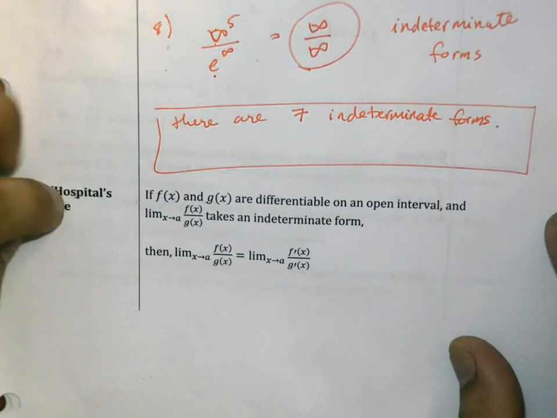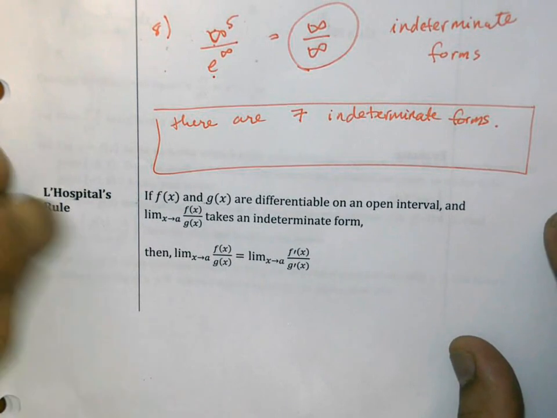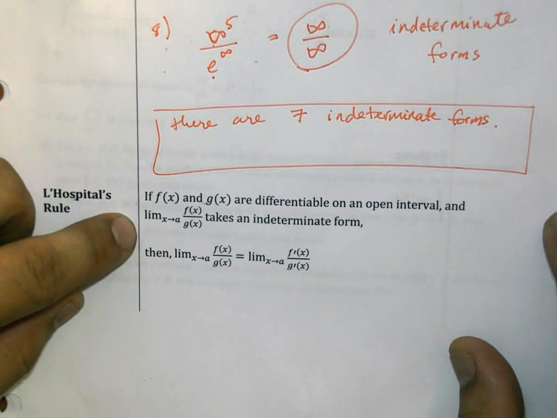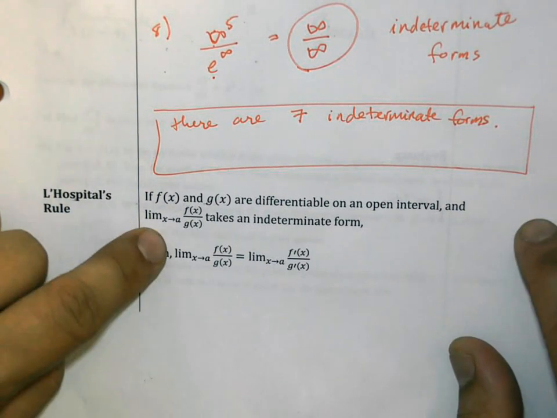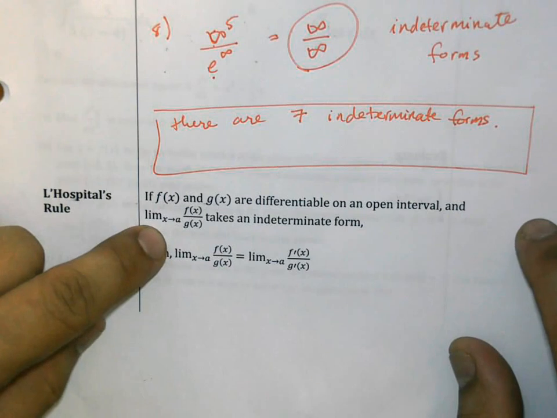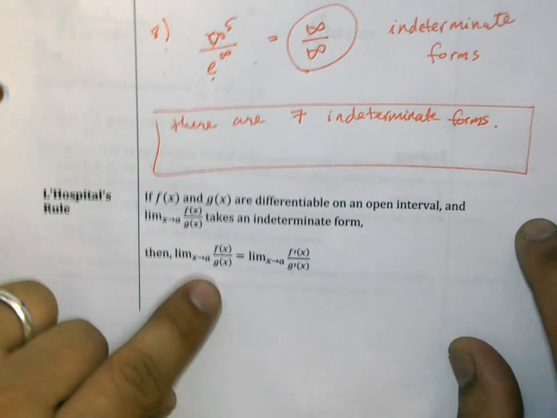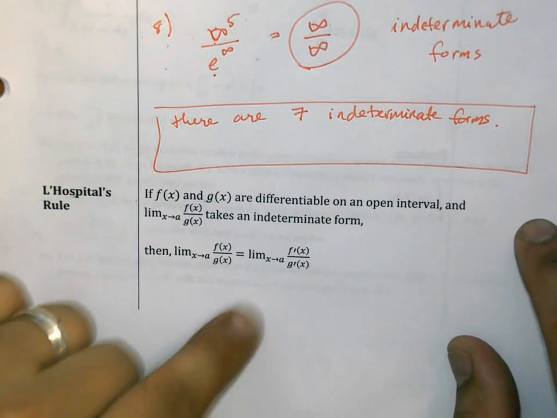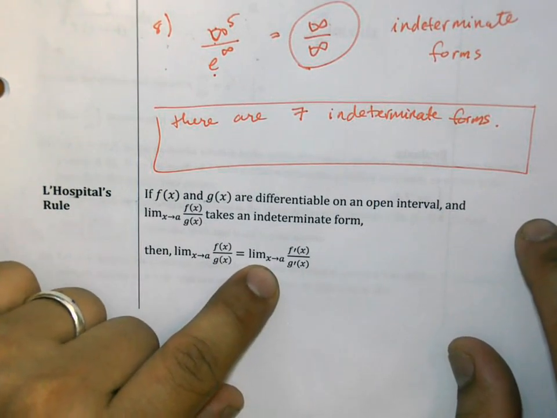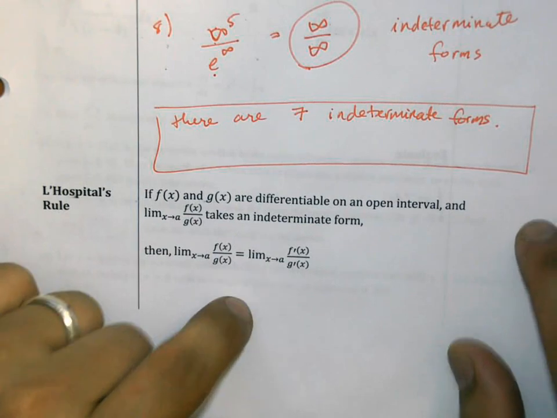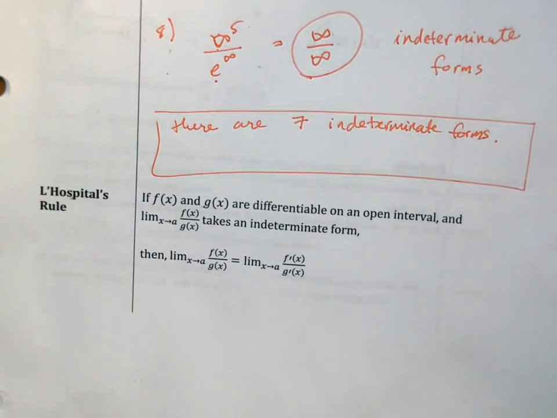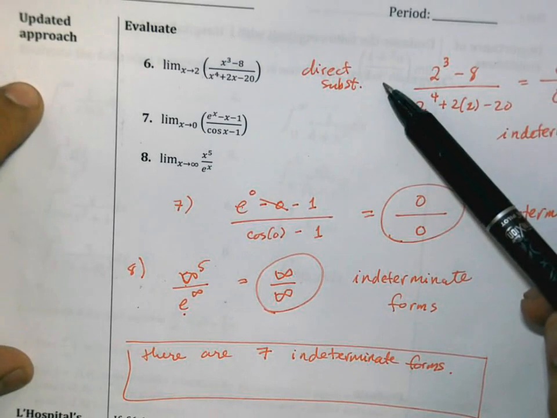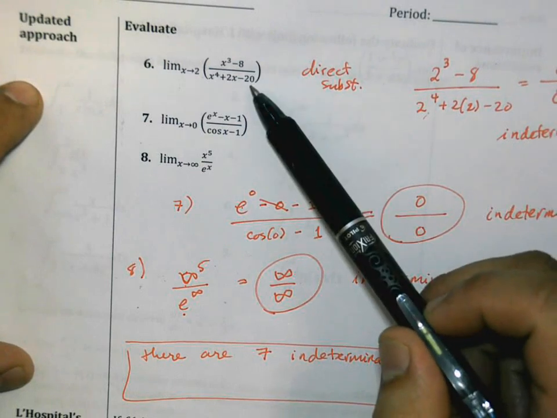So we use L'Hopital's rule, which is really a theorem, and it says that if f and g are differentiable on an open interval, and the limit of f over g takes an indeterminate form, then the limit of that quotient is equal to the limit of the quotient of their derivatives.